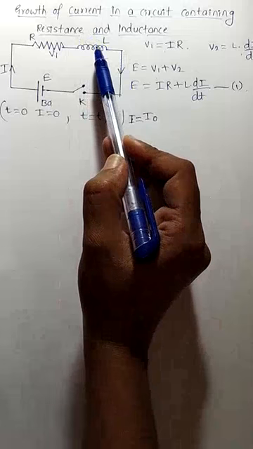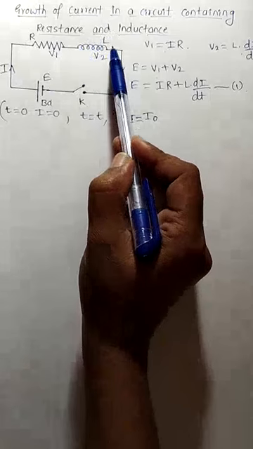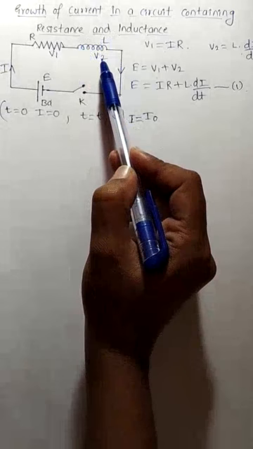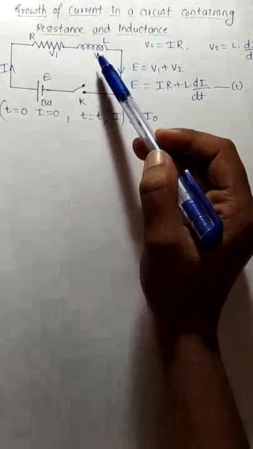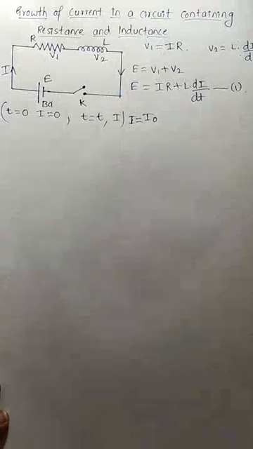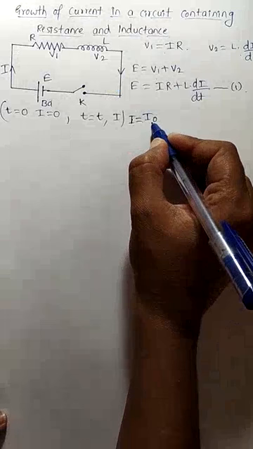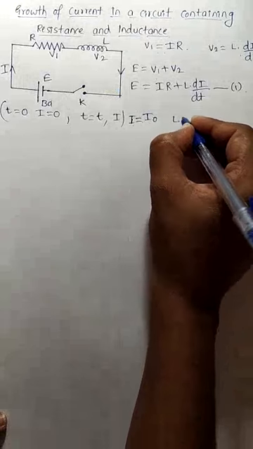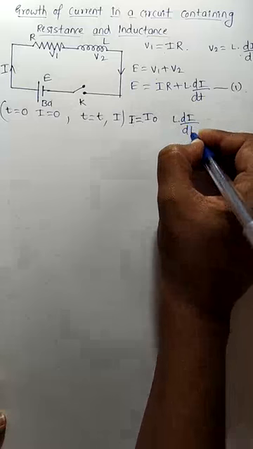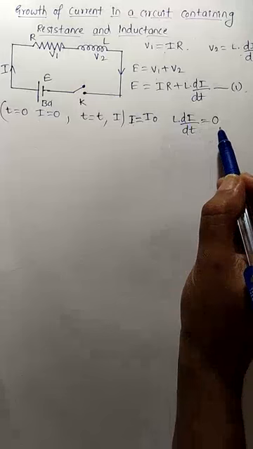See, once the current reaches the maximum value, the self inductance effect becomes 0, because it opposes the change of current, but it will not oppose the same, constant current. So when it reaches the maximum value I naught, the EMF produced by the inductor will be 0, because it will not oppose the constant current. Only the change of current it will oppose. So L into di by dt is equal to 0.